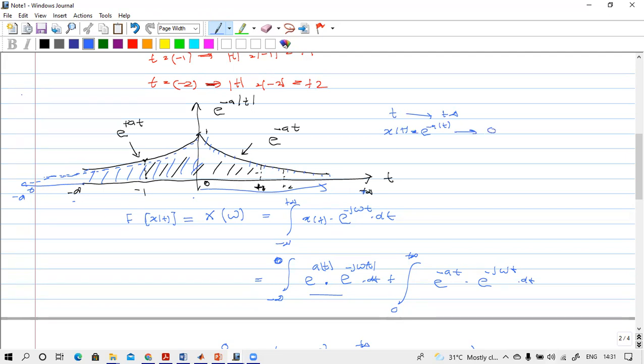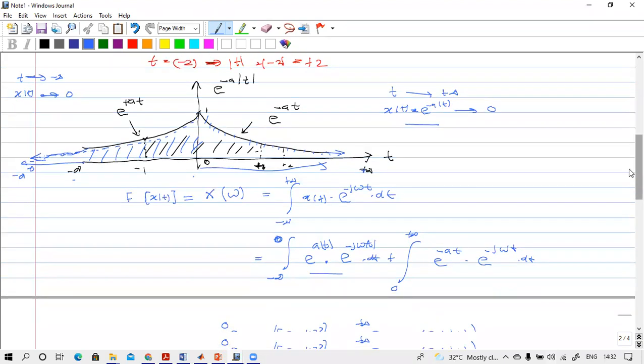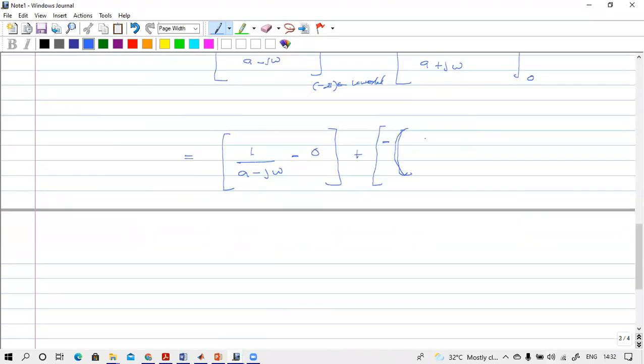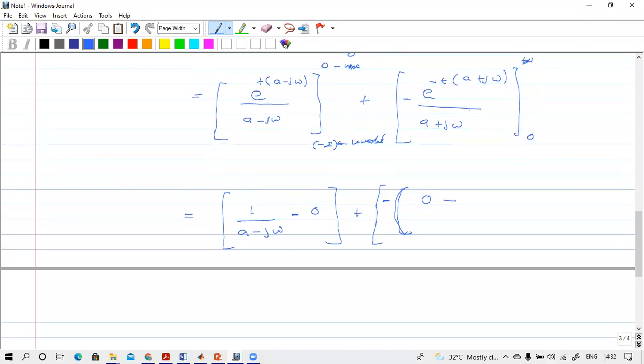Here, when t is reaching minus infinity, x(t) is reaching 0. This x(t) signal is reaching 0. So here we have 0 minus, and if you apply the lower limit, this e to the power 0 means 1.